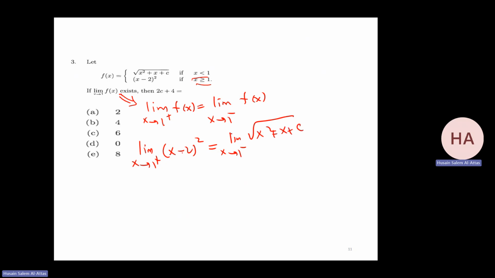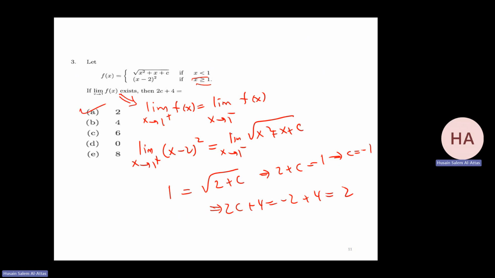Plug in the numbers. 1 minus 2 squared, that will be 1. Here you have square root of 1 plus 1, 2 plus c. So 2 plus c equals 1. Just square it, so c equals minus 1. So 2c plus 4 will be minus 2 plus 4, that will be 2, and that will be the answer.